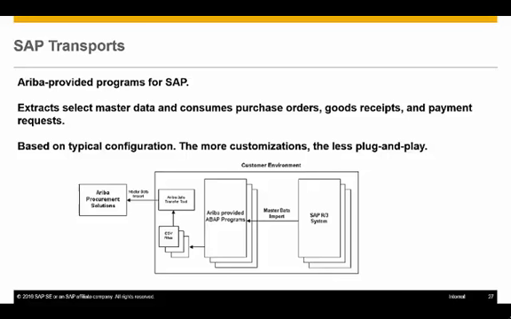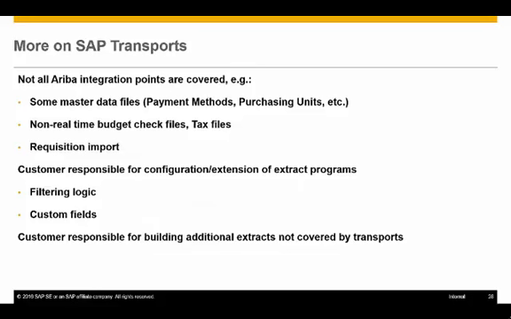Our usual stance with plug and play is that the less customization you have, the more plug and play functionality you can achieve. If you try to customize it more, then you go away from plug and play. So when it comes to SAP Transport, not all Ariba integration points are covered.